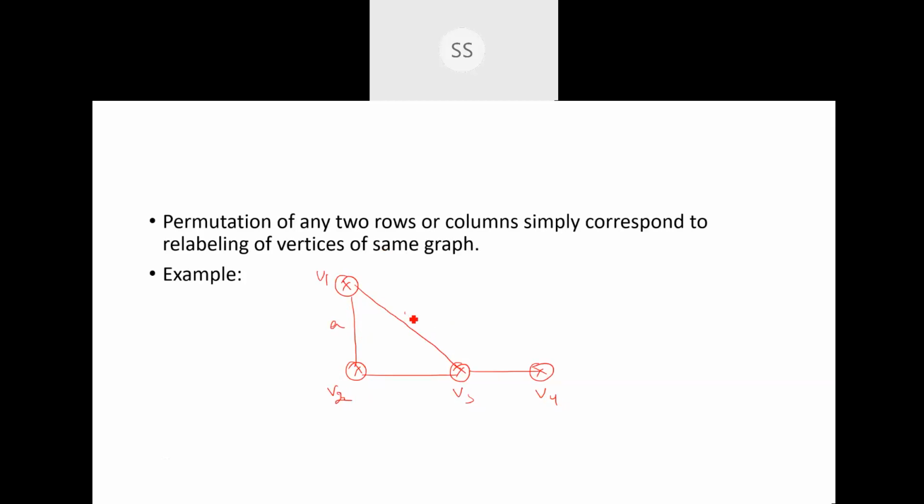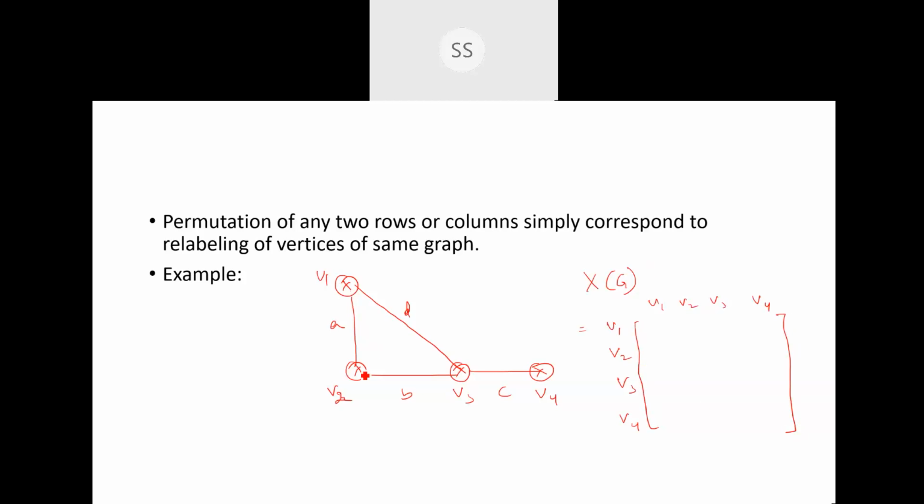These edges are called A, D, B and C. You can have your adjacency matrix as X of G. Please remember the representation X of G. That will have the vertices V1, V2, V3 and V4 as rows, and again V1, V2, V3 and V4 as columns.